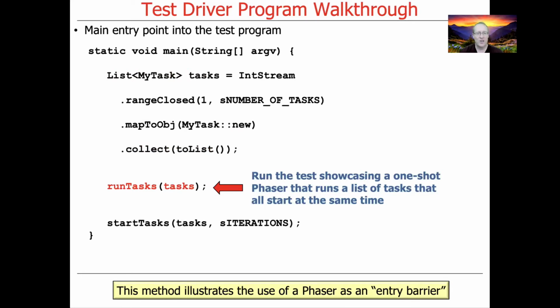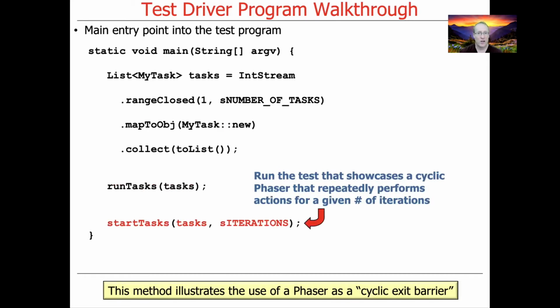We're then going to show a couple of different variants of phaser. The first one is going to be the runTasks method. And this method is going to demonstrate the one-shot phaser that will run a list of tasks that all start at the same time. So this is kind of an example of using a phaser as an entry barrier.